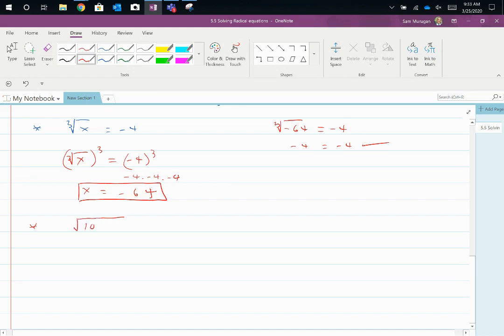Square root of 10 minus x plus x is equal to 8. So we want to work on isolating the radical. So this gives square root of 10 minus x is equal to 8 minus x. Then you want to go ahead and square both sides.